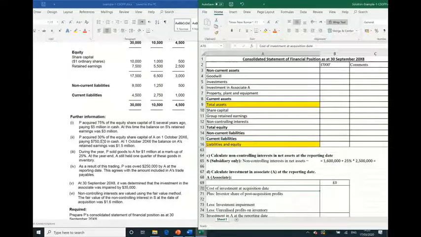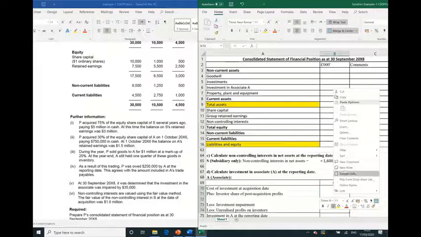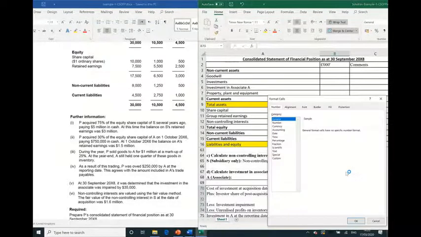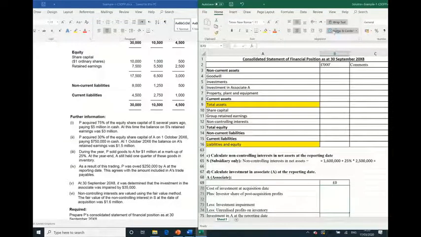So we have B acquired 30% of the equity share capital of A on the 1st of October 2006, being $750,000 in cash. So this is the cost here.